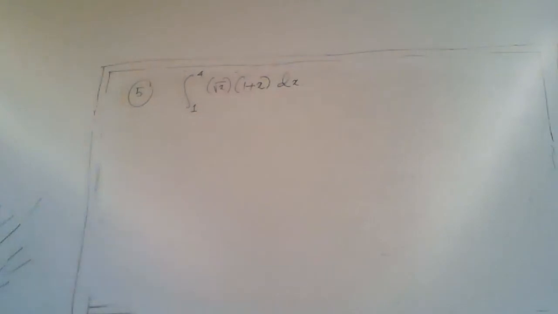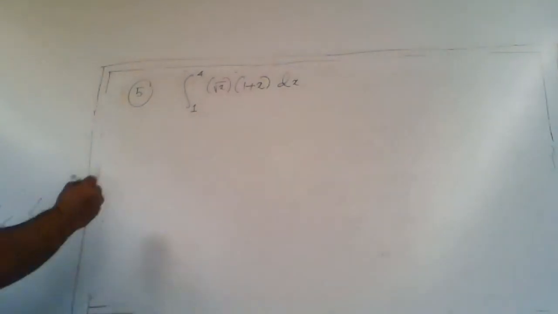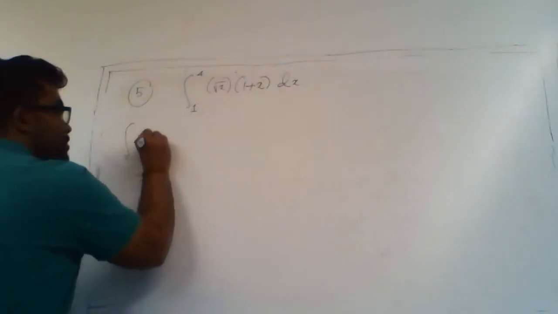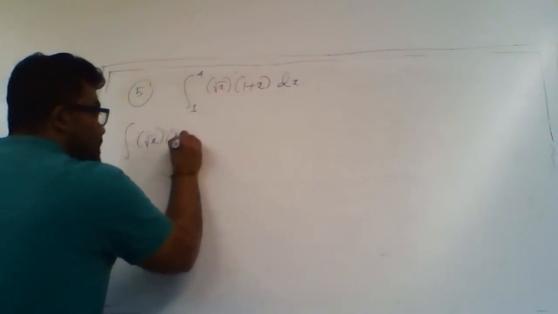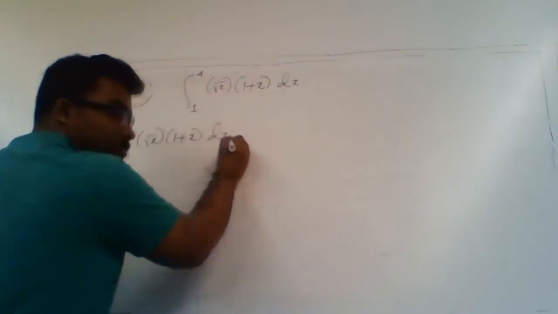Same thing, first forget the limits, just find the integral of square root of x times 1 plus x dx.